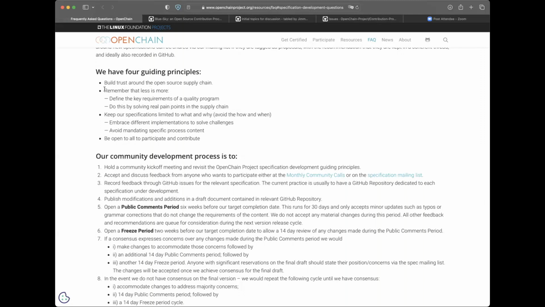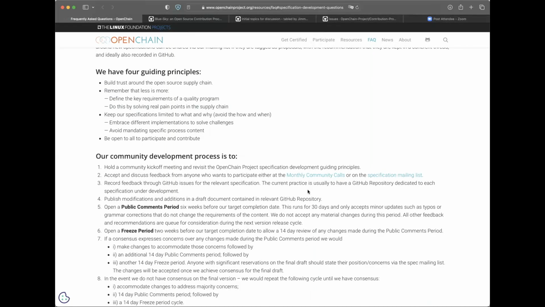The second principle is that less is more. We want to make sure that what we do is effective, but we always want to make sure that what we do is simple. So when we design a standard, we're doing something to define the key requirements of a quality program.